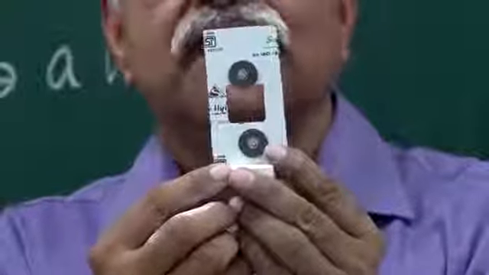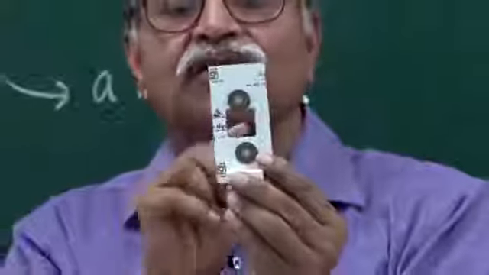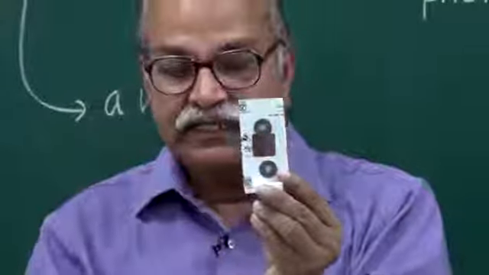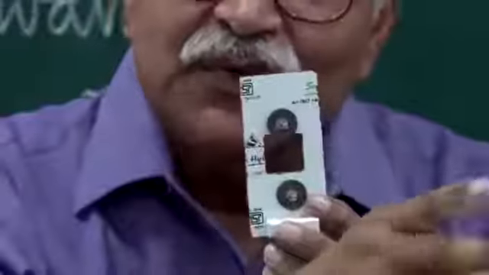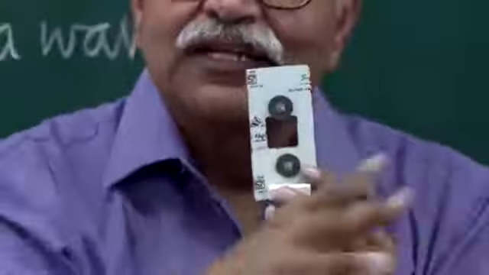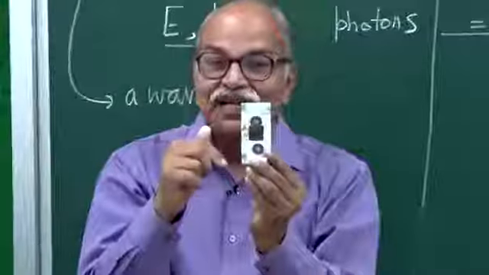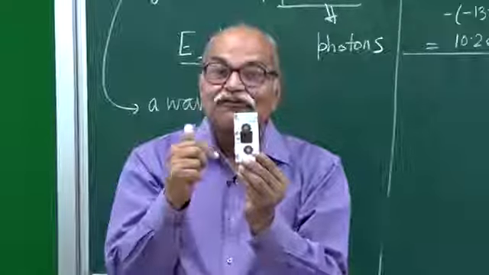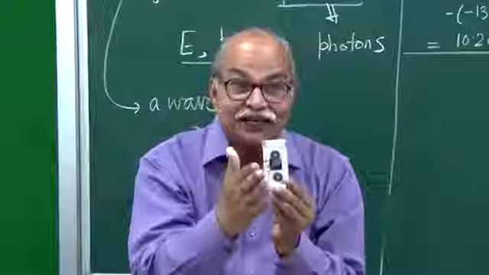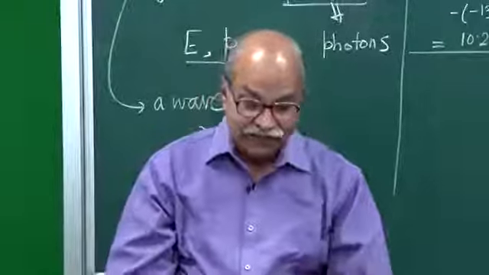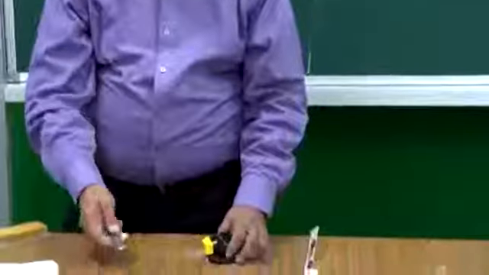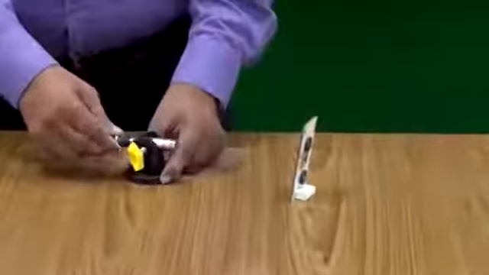So if this green light falls on the wire, then on the other side of the wire, light goes in certain selected directions only, and in between those selected directions no light goes. That is because of diffraction, that is because of the wave character. So you just see on the screen, I am just putting it there, and you see on the screen how all this diffraction takes place.